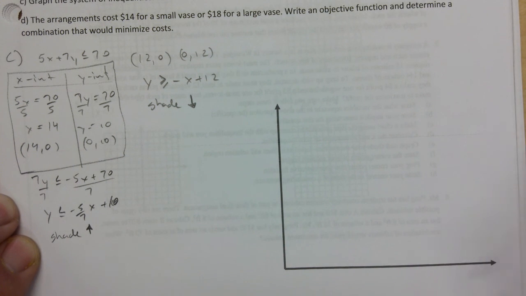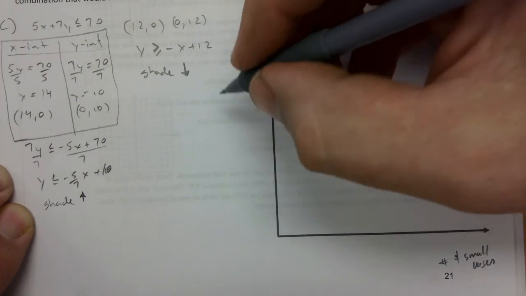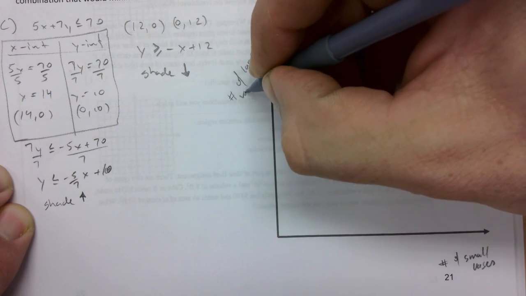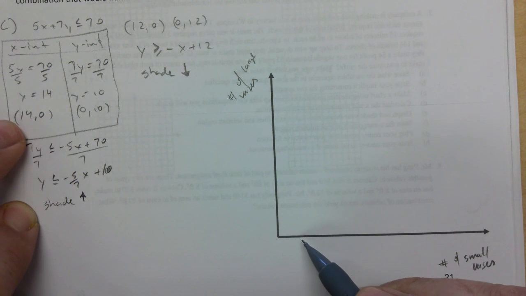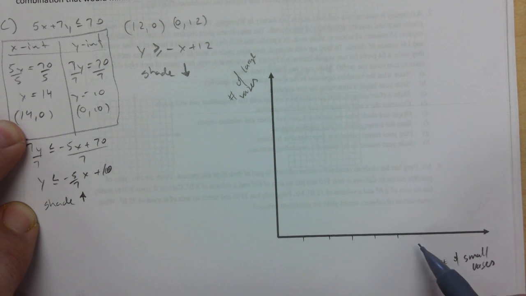Okay, let's come up with number of small, number of large, and I'm looking at my numbers, and again 14, 0, so 2, 4, 6, 8, 10, 12, 14, 16. I have enough to make this work.